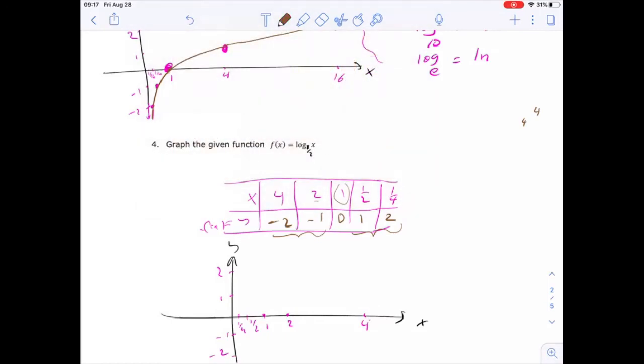Now at 1/4 we have 2. At 1/2 we have 1, and then at 1 we have 0, at 2 we have -1, at 4 we have -2, so the graph looks like this. So it's decreasing because the base is less than 1.